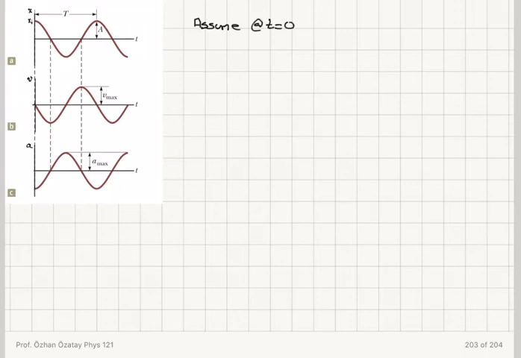Now let's assume an initial condition here. At t equal to 0, the particle is at its maximum point, A, the amplitude. Okay?